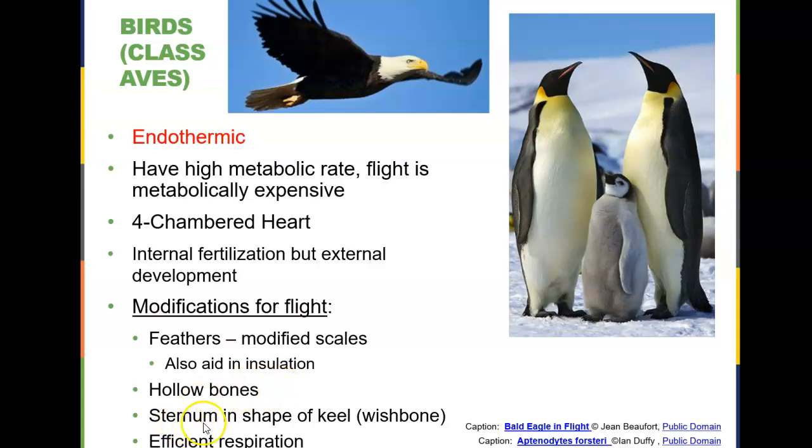They have a sternum or a breastbone that's in the shape of a keel, like the front of a boat. We call it the wishbone, anecdotally, but this allows them to glide through the air. And they have very efficient respiration, meaning they are able to easily extract oxygen from the air and utilize that in order to be able to power their muscles.